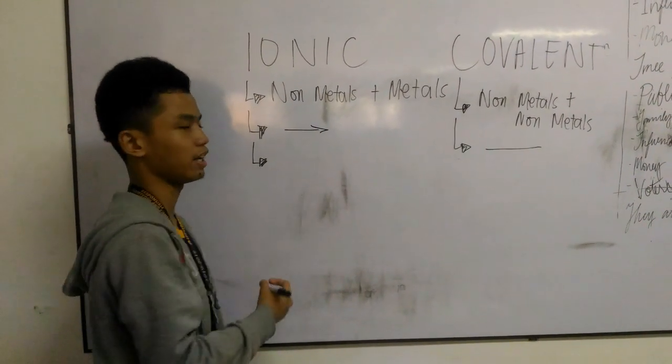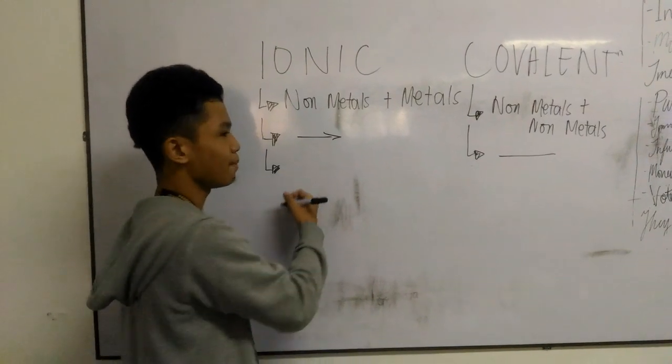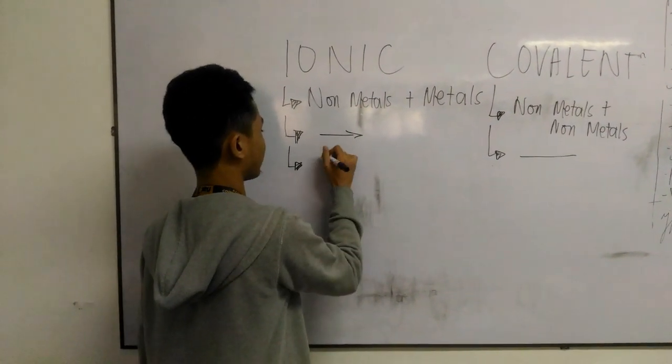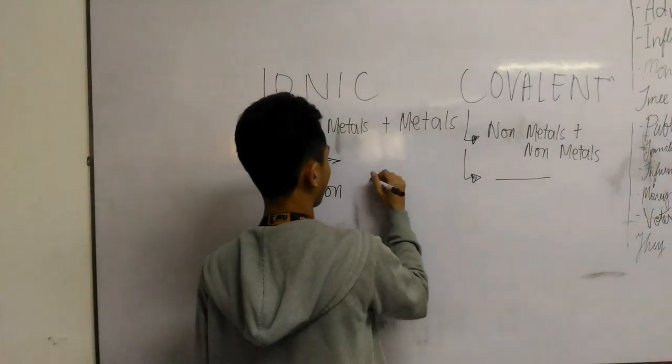The first one is you're going to look for the element that has a positive charge, or a cation, then followed by an anion.